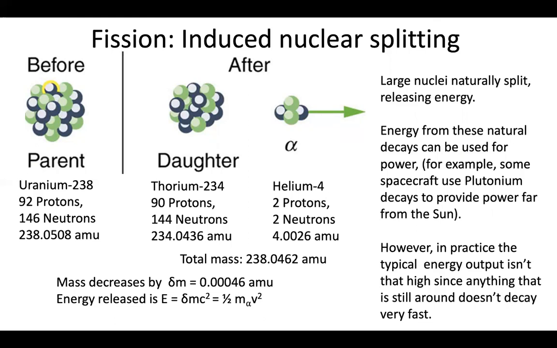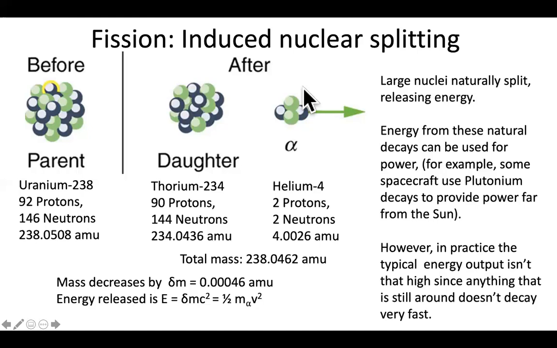But this is not often practical as a power source. It is in certain cases. The trick is, if you have something that's long-lived, you don't get many of these particles out, so you don't get much energy. If you have something that decays really quick, you can get a fair amount of power, but that power will go away rather quickly.